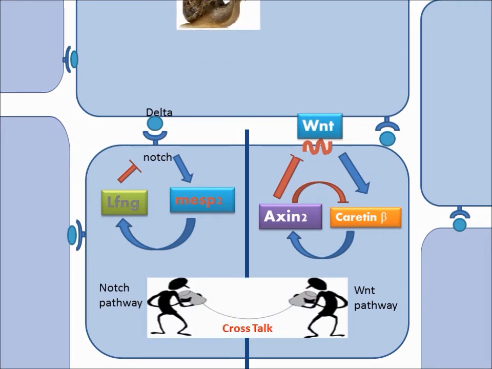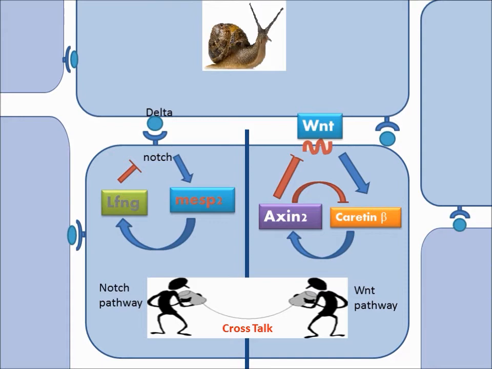And so we started to look at these SNAIL genes because in different developmental contexts they've been described to be downstream of the Wnt pathway or of the Notch pathway, and since those are two of the key pathways involved in somitogenesis, we thought it'd be an interesting point of investigation.